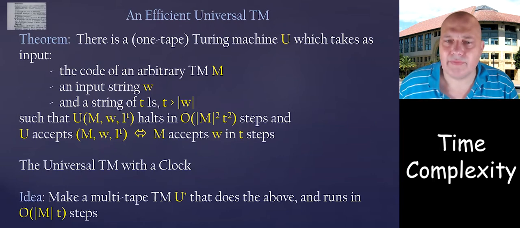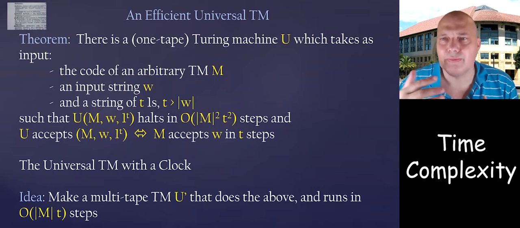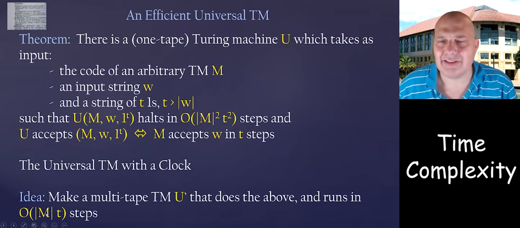The idea is to first do it in a multi-tape fashion, and then use the reduction from multi-tape to a single tape. So we can have such a U in a multi-tape that only takes the length of M times T steps.